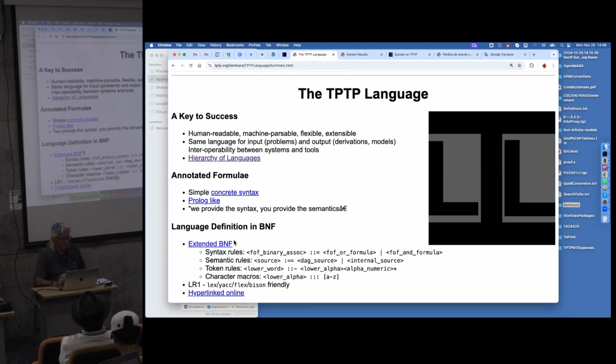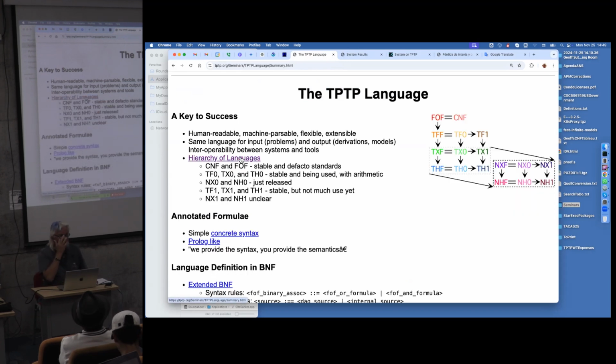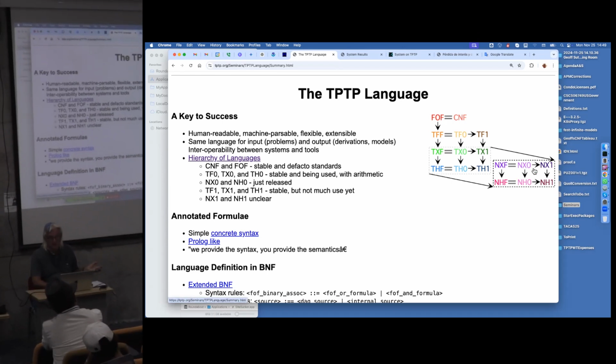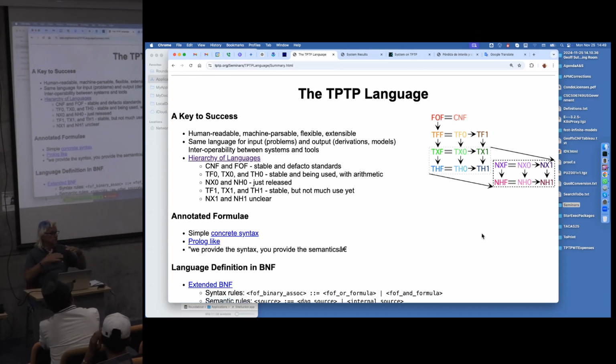And this is somewhat technical, but this is kind of why things work in the TPTP, is we have lots of languages, from very simple languages, first order logic, going through typed logics, extended type, higher order logic, non-classical logic. So depending on how complicated your problem is, if it's a simple problem, we use a simple language. If it's a complicated problem, we might have to use a complicated language, but we can choose the right language.